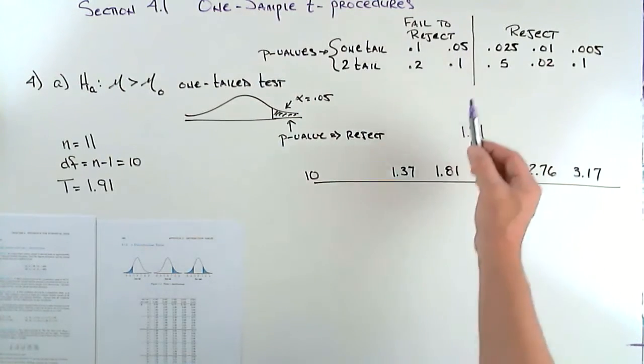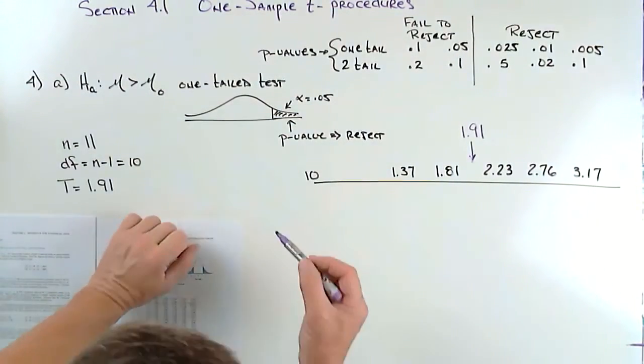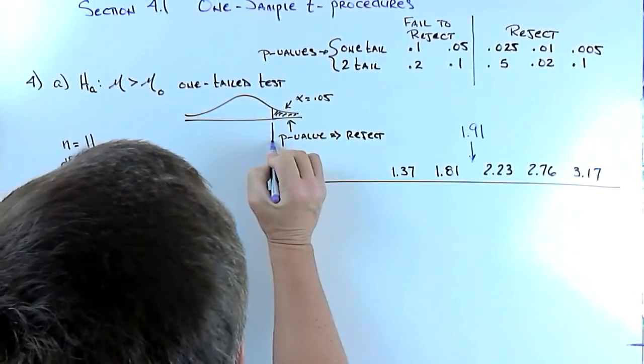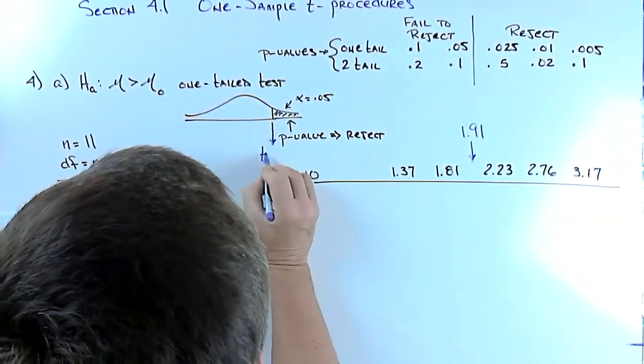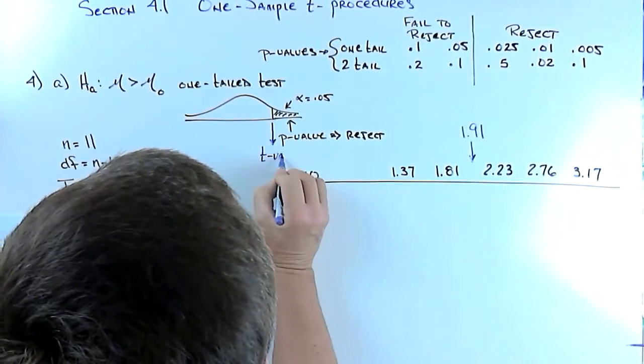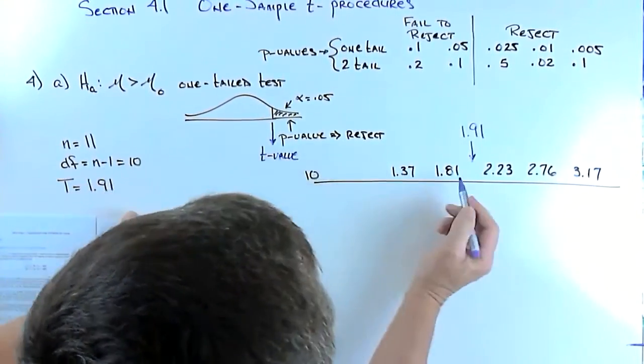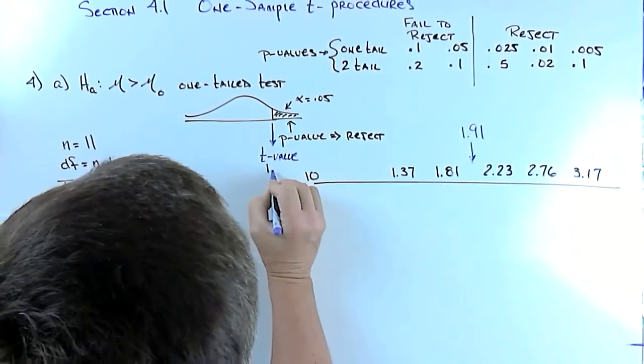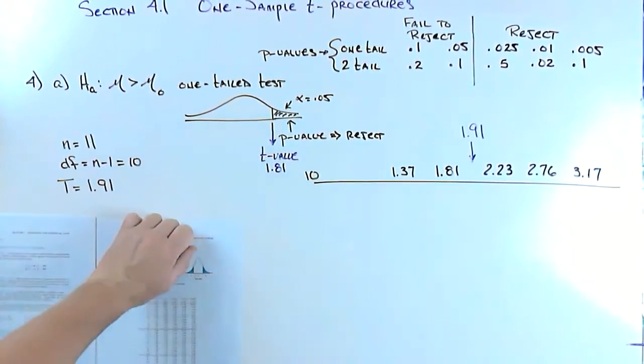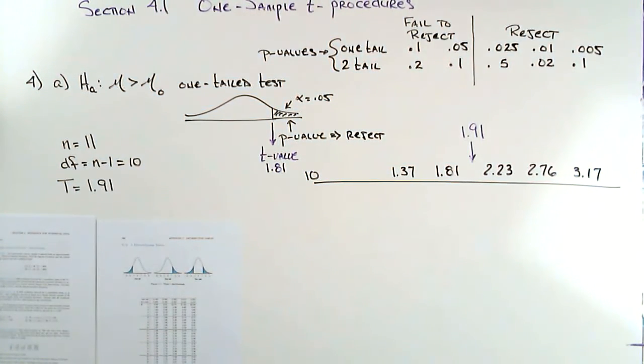If the area in our one tail was going to be 0.05, the t-value that goes along with that is 1.81. Well, our t-value is 1.91, right?